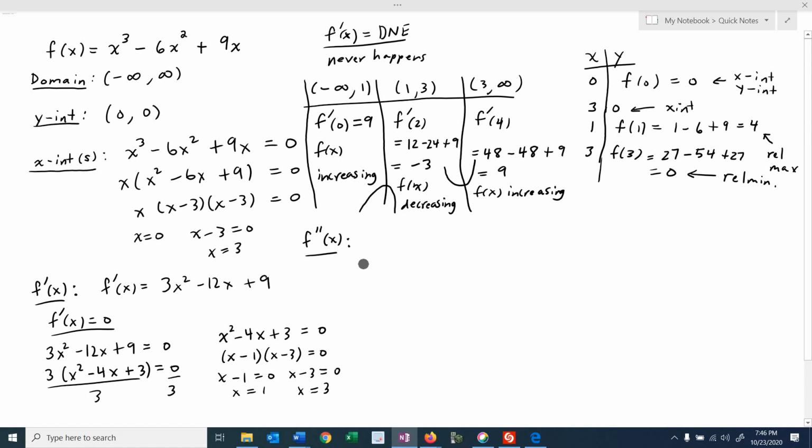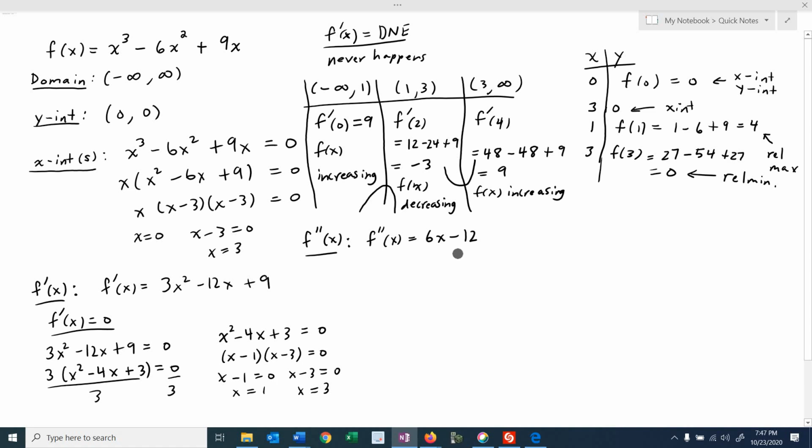We're going to create a sign chart for the second derivative. Okay, so the second derivative would be 6x minus 12. And then we're going to find the possible inflection points.